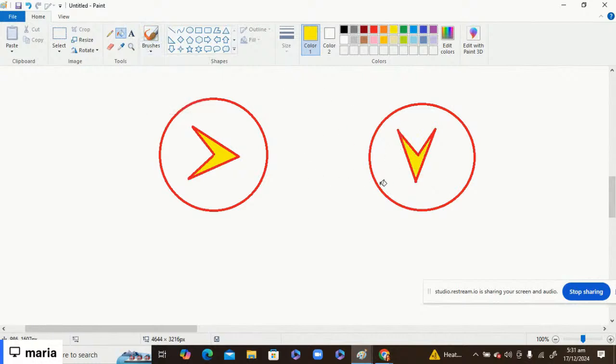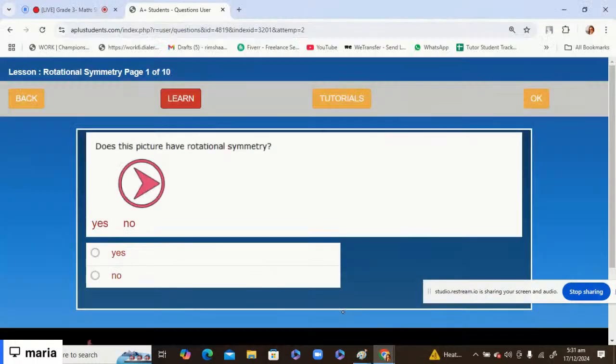No, it's not the same. Because look, this one and this one are different. So this one and this one are also different. Only the circle is the same. All right, so we can say the answer is no.